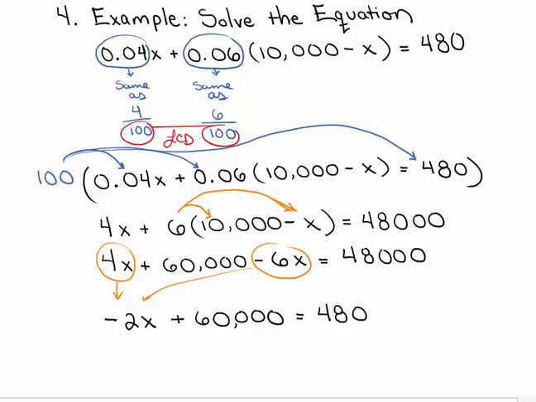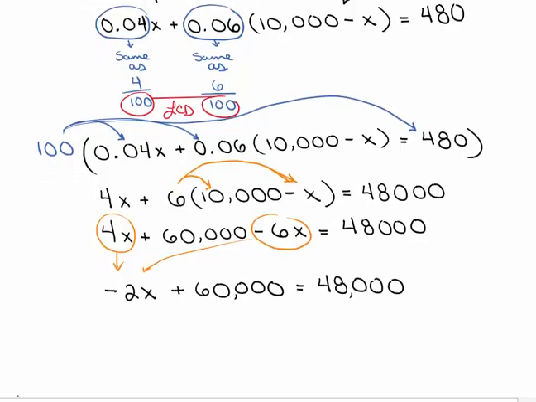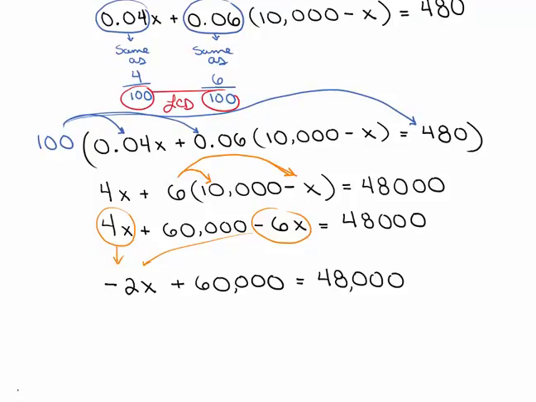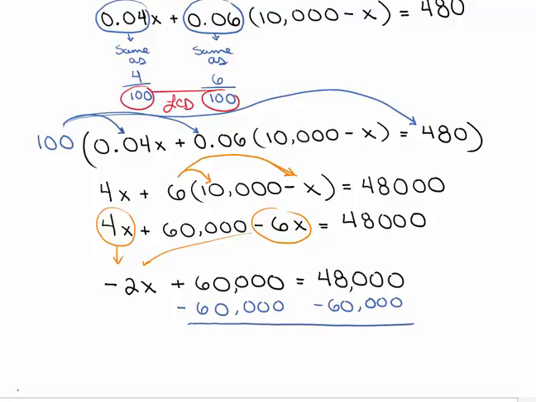Now I'm going to isolate the variable term, so I'm going to subtract 60,000 from both sides of the equation. So I'll be left here with negative 2x is equal to 48,000 minus 60,000 is negative 12,000.